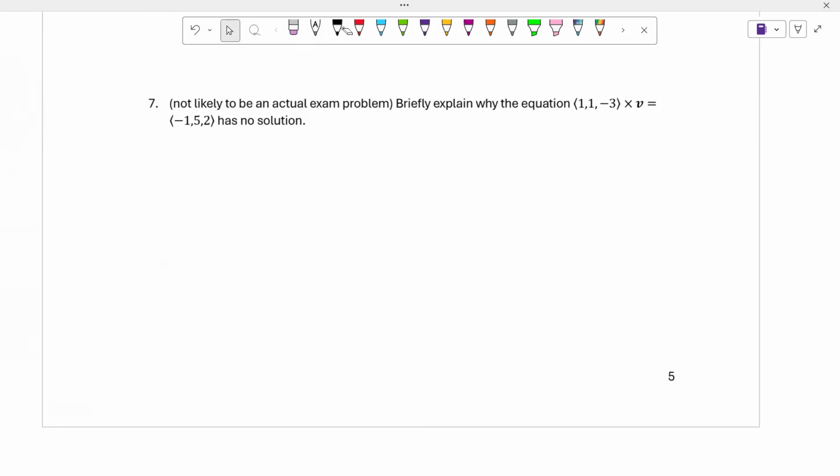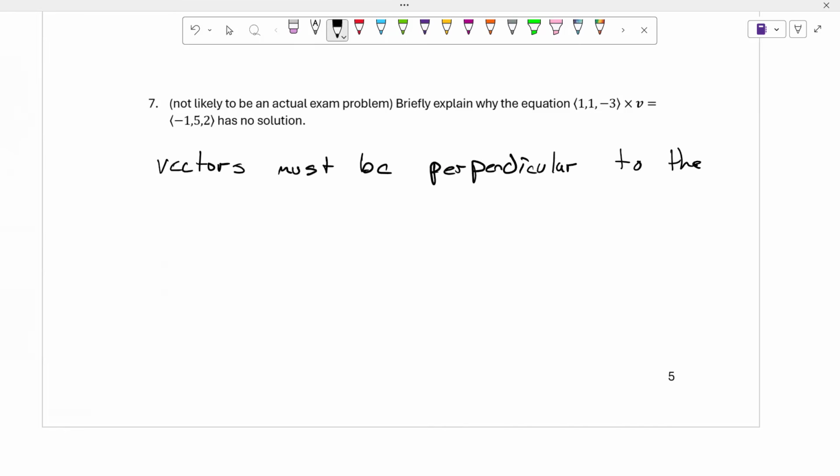And I know that for this cross product to be true, those vectors need to be perpendicular. So vectors must be perpendicular to their cross products.